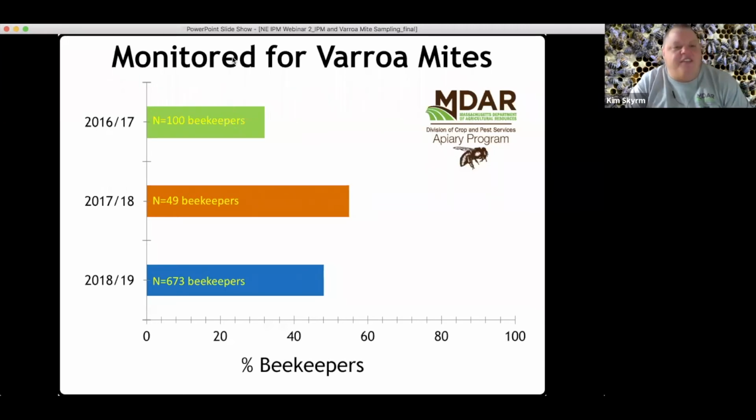Okay, so this is a survey that we did in Massachusetts of our beekeepers. We've been doing this survey for the last couple of years at the local level. Inside of these bars, the number listed is the number of beekeepers that responded. These surveys are available online. Beekeepers took them, and we asked them basically, "Did you monitor for Varroa mites?" Similar to what you see in the webinar we're doing now.